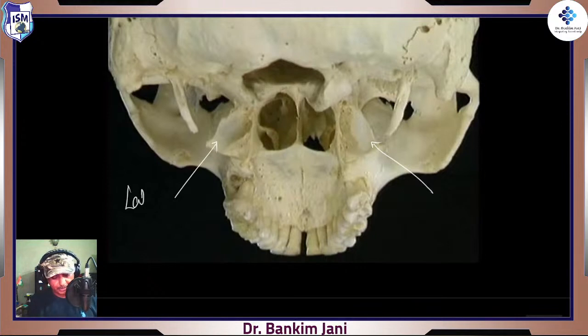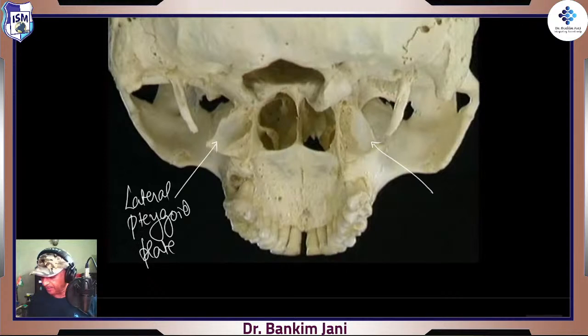So that is the bigger one, the lateral pterygoid plate. Here we are not writing again, just for cleanliness. So that's the lateral pterygoid plate. And this prominence, this one, that would be the medial pterygoid plate.